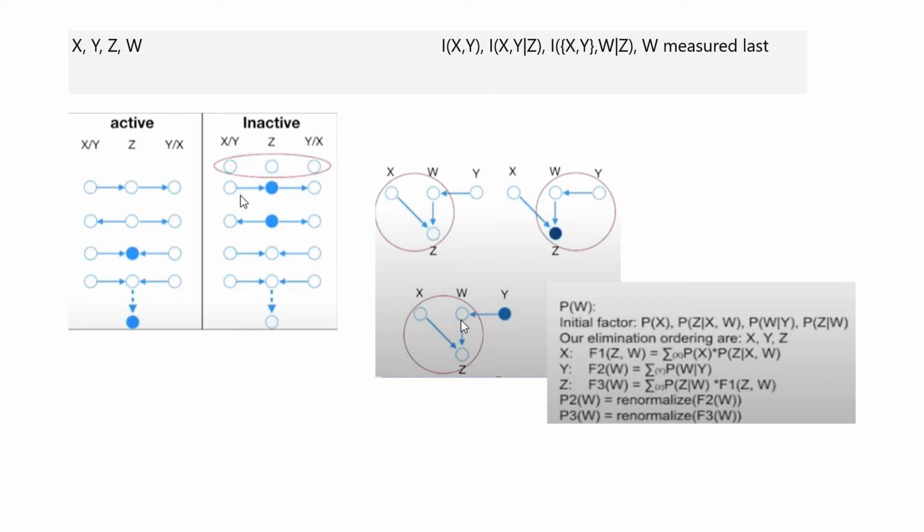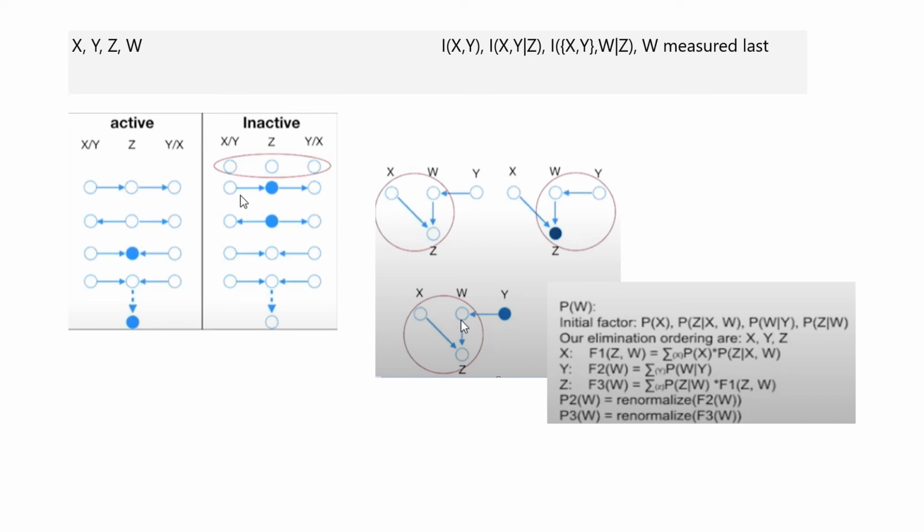For the second assumption, x and y are independent given z. In the same way, the active part is z, where y gives w and x gives z. And for the next part, x, y and w given z.